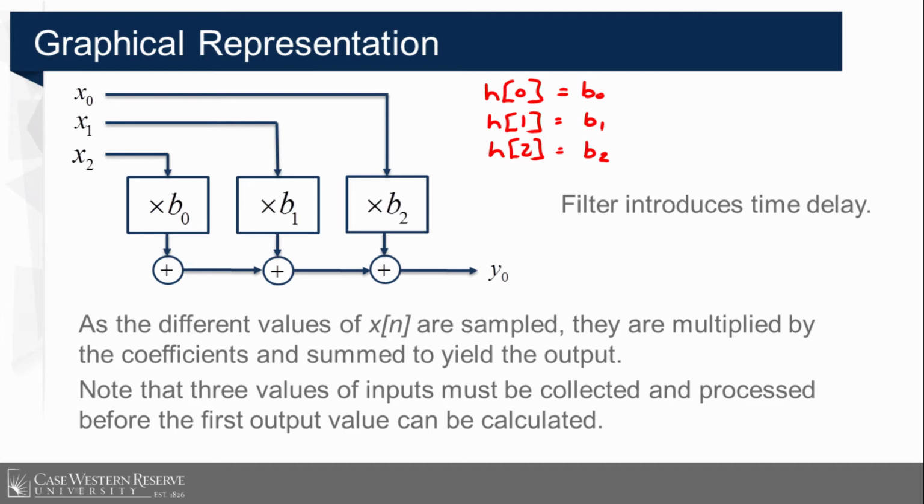So let's start inputting our discrete data points into this digital filter. The first data point we input is x0. We'll take x0 and input it into our filter. If we look at the convolution, by definition, we're going to multiply this first data point by this last element in our filter. So we'll have x0 times b2.